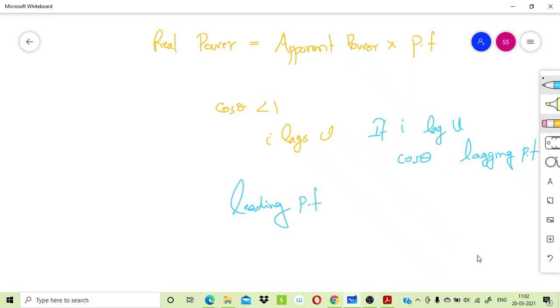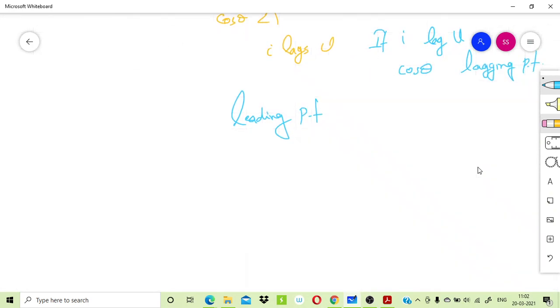Again, we have the possibility that the V phasor and I phasor exactly coincide. In that case the phase angle theta will be equal to 0, so cos 0 will be equal to 1, and it is famously known as the unity power factor.